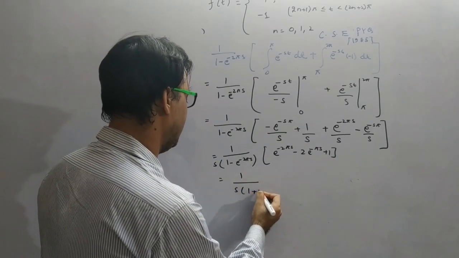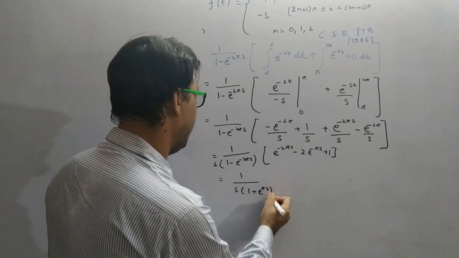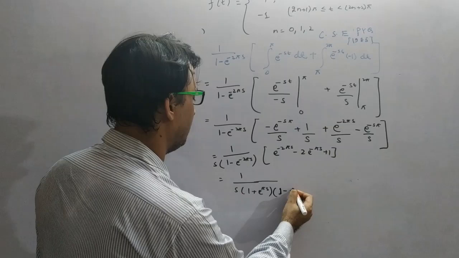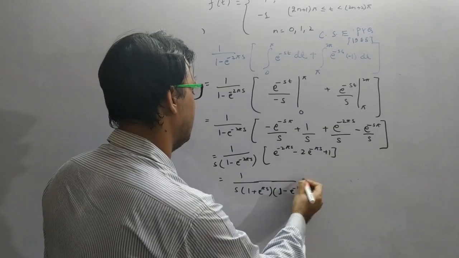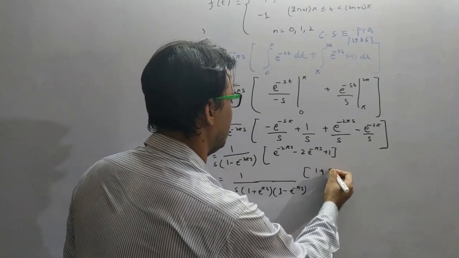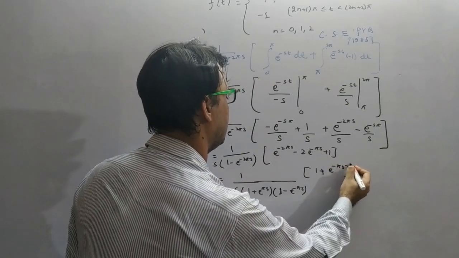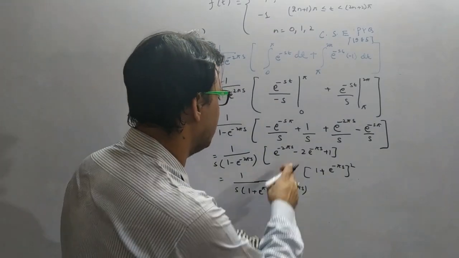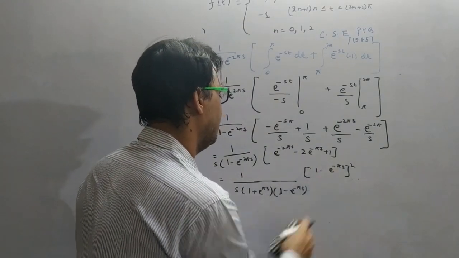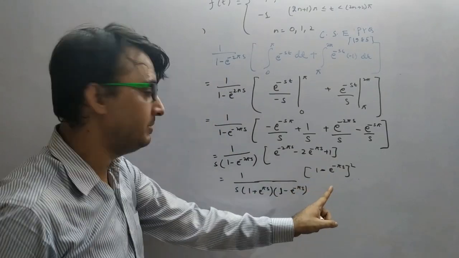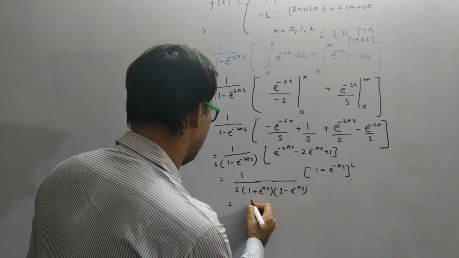We can write it as e to the power pi s into 1 minus e to the power minus pi s, and if we write it like 1 plus e to the power minus pi s whole square, there is a minus sign because here it is minus, so we have to write it minus over here. So this one term will be cancelled, no doubt about that.